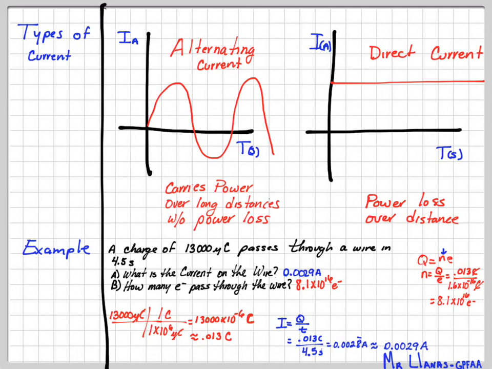The elementary charge is always going to be given, so just look for that in your problems. I wrote down the number of electrons so you can see how big of a number that is. That's the number of electrons that are actually going through the wire every second.